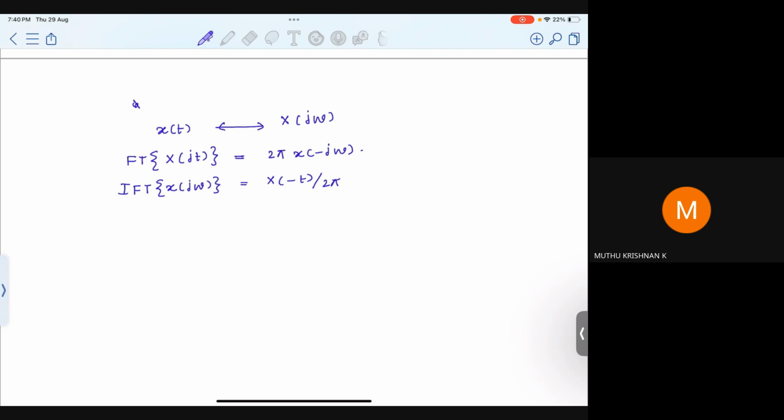Yeah, so that's the uncertainty principle. It comes a little before the Fourier transform properties lecture video.